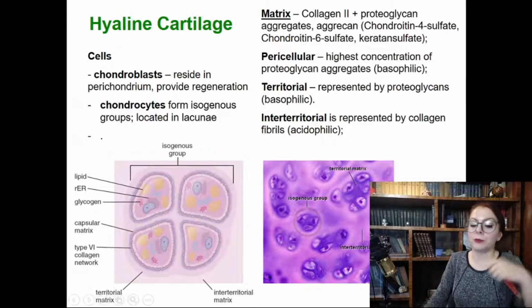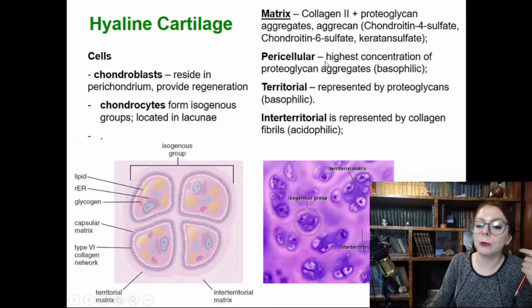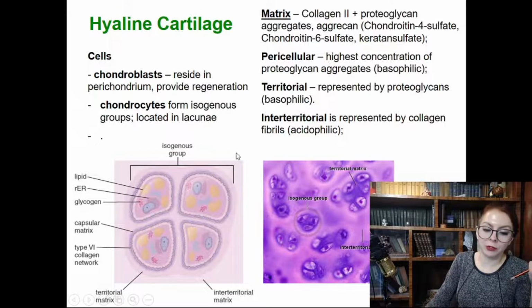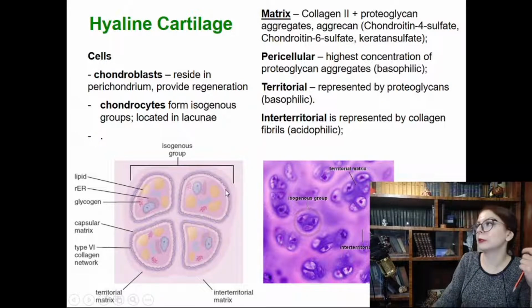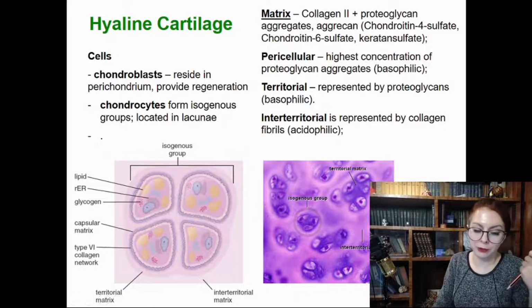Also, except those two, there is one more, pericellular or capsular matrix. As you can see, just around the cells, the concentration of proteoglycan aggregates is the highest. So this is extremely negatively charged material, and this is what we call pericellular or capsular matrix.